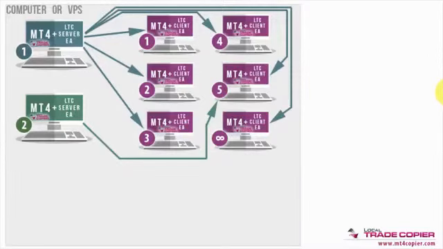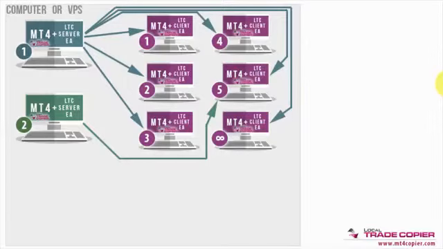So now you have master account number 1 copying trades to all the MetaTrader client accounts I have, but master number 2 copies trades only to client account number 5. Obviously I can set this up any way I want, but just for demonstration, I'm copying this to client account number 5. Okay, so let's go to the next level.